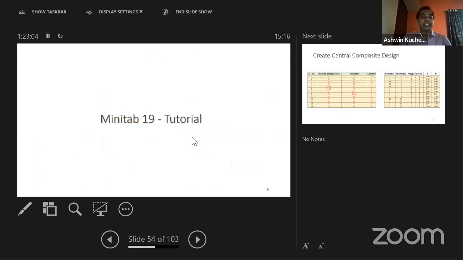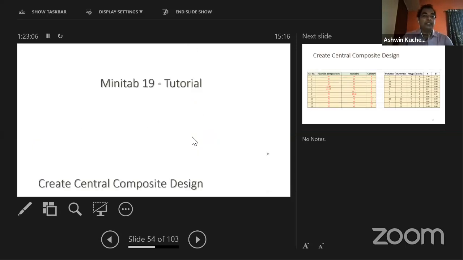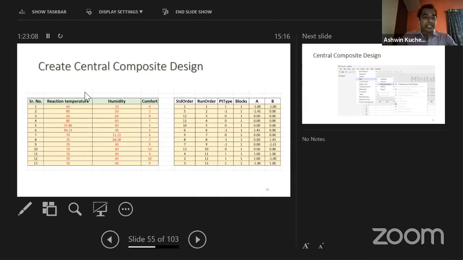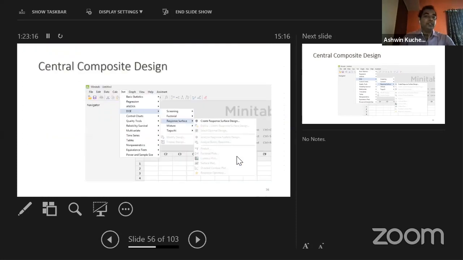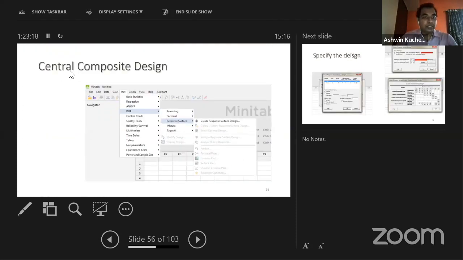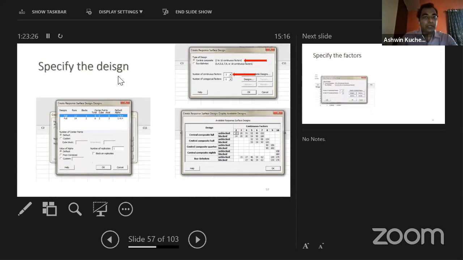Here Minitab version 19 was used, and these were different experiments with X1, X2, and this was Y, the response, with the standard order, and the central composite design was determined with the help of Minitab. For central composite design, go into Stat, DOE, Response Surface, Create Response Surface Design, where you have to specify a design. It will offer central composite design or Box-Behnken design.